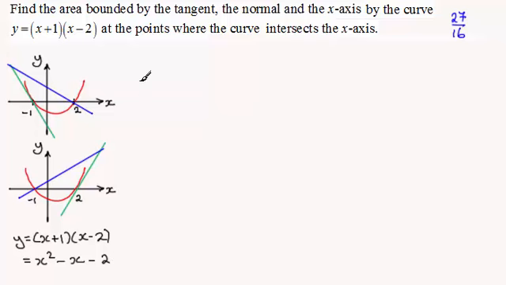And then I can differentiate this to get the gradient at any point on the curve. So differentiating this would therefore have dy by dx equals 2x minus 1.